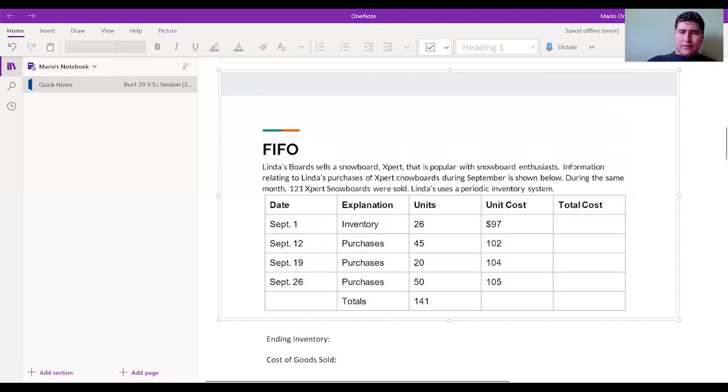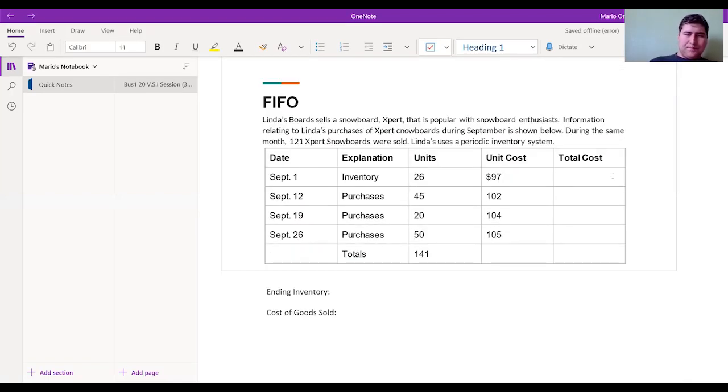So the first thing we're going to want to do here is get our total costs ready, so that we know what our costs can't exceed.